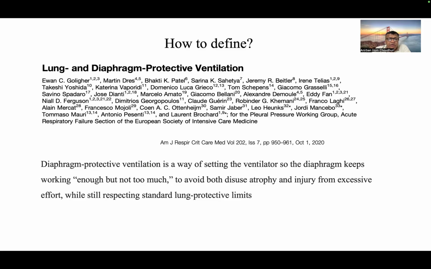Diaphragm protective ventilation was defined as a way of setting the ventilator so that the diaphragm keeps working enough, but not too much, to avoid both disuse atrophy and injury from excessive effort or excessive pressures, while still respecting the standard lung protective limits. So within the lung protective limits, we also have to ensure that the diaphragm keeps working.